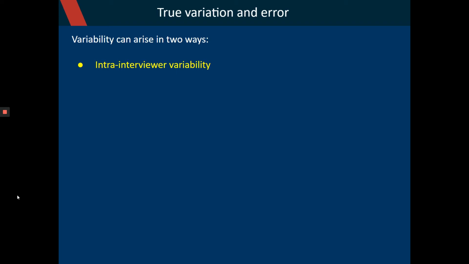Through time, the same interviewer changing the way they interview will affect the answers they get and the data they collect, and that will increase your variation, your error. And there's inter-interviewer variability. Perhaps two different people ask questions in a different way, and that will create variability, increasing the error, the noise in our data.